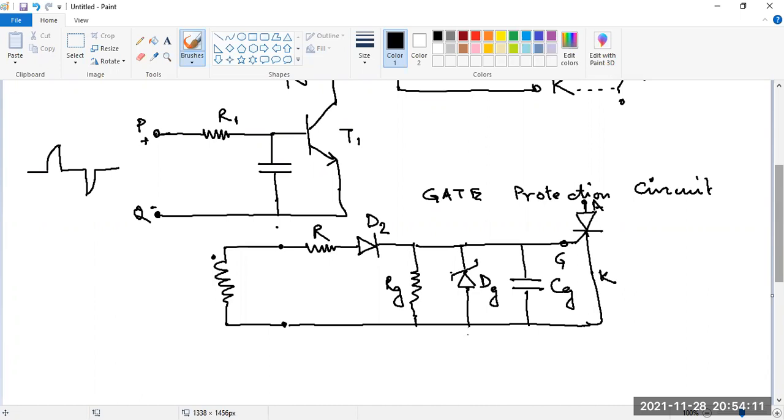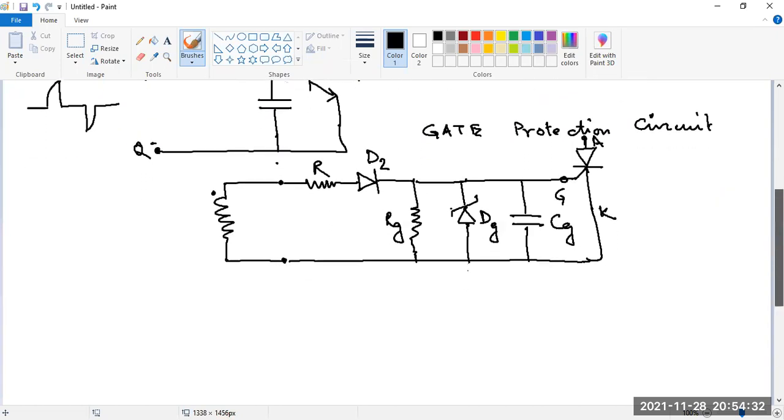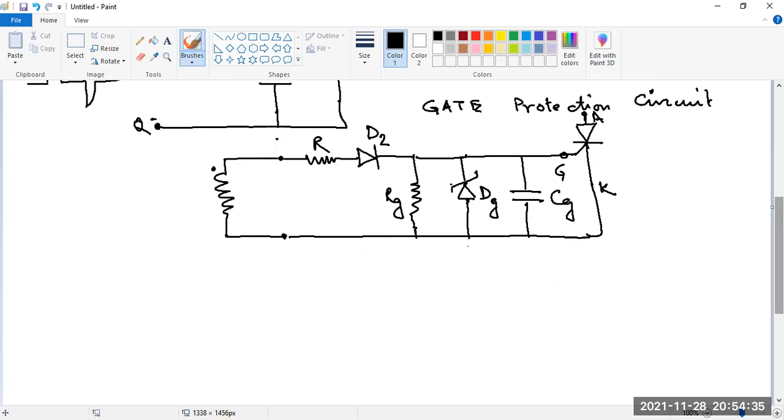The main one is the capacitor, but resistance will also be required for what? Again the same thing: damping the oscillation. The resistance is used for damping because the circuit in which your device is connected is basically inductive in nature. In most cases, the circuit in which it is connected is inductive in nature.